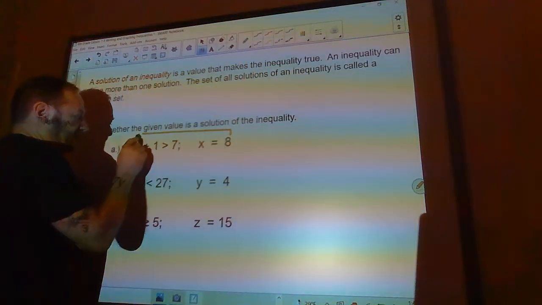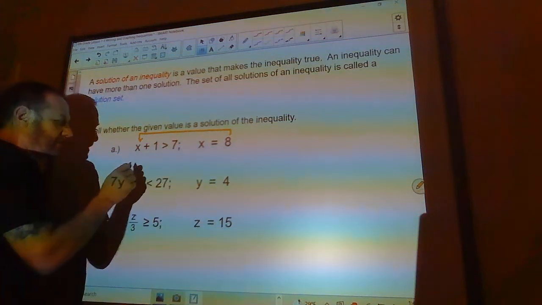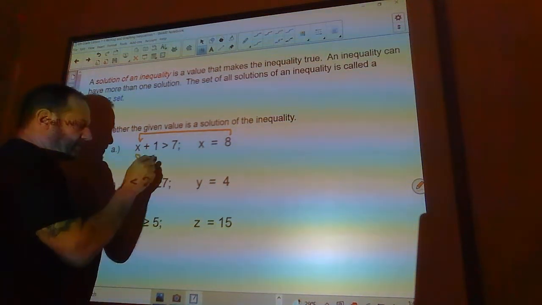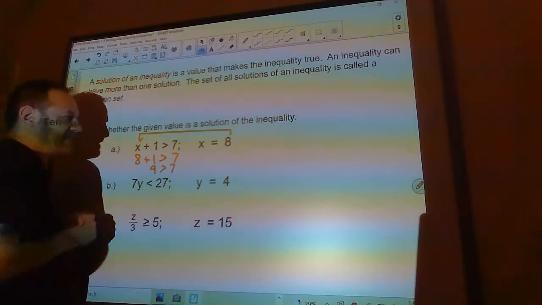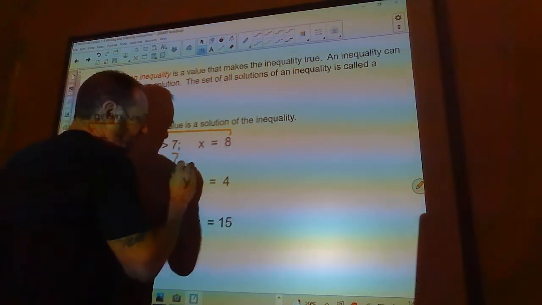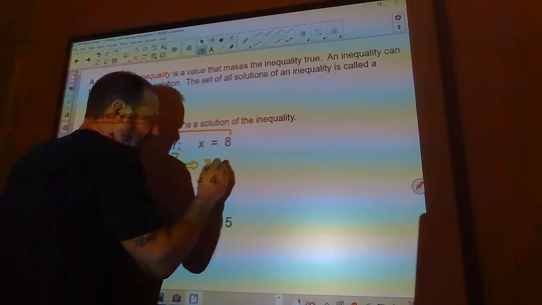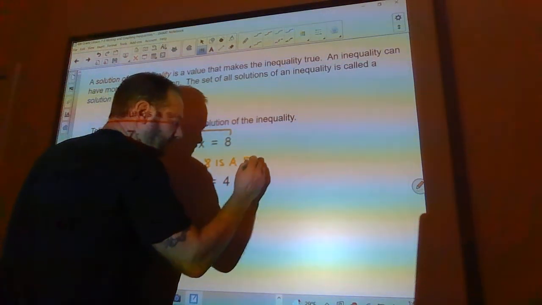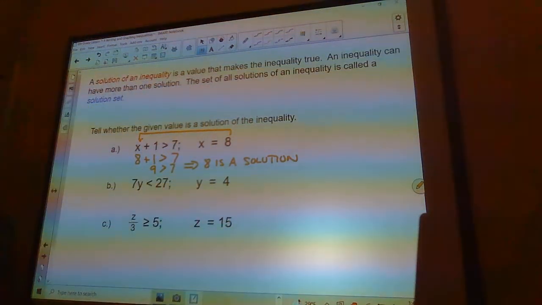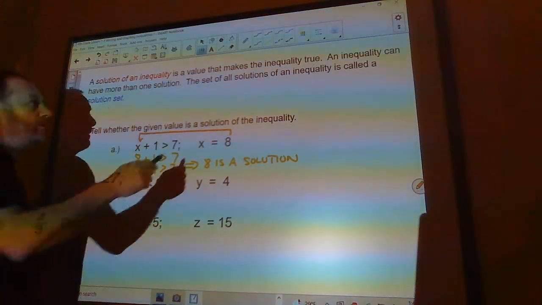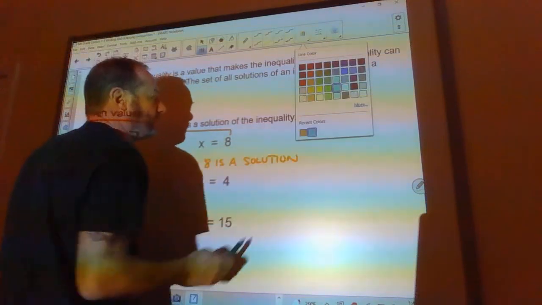So I would take my 8 and I would plug it in here, into my inequality. So that would be 8 plus 1 is greater than 7. So 9 is greater than 7. Yes, that's true. So that implies 8 is a solution. Okay, let's try the next one.